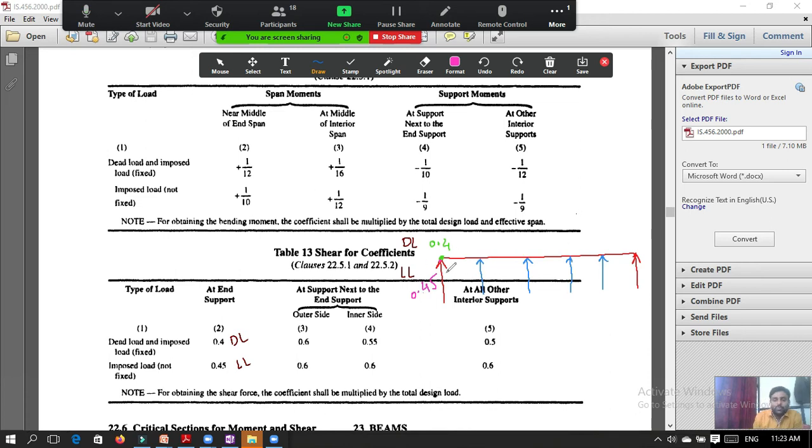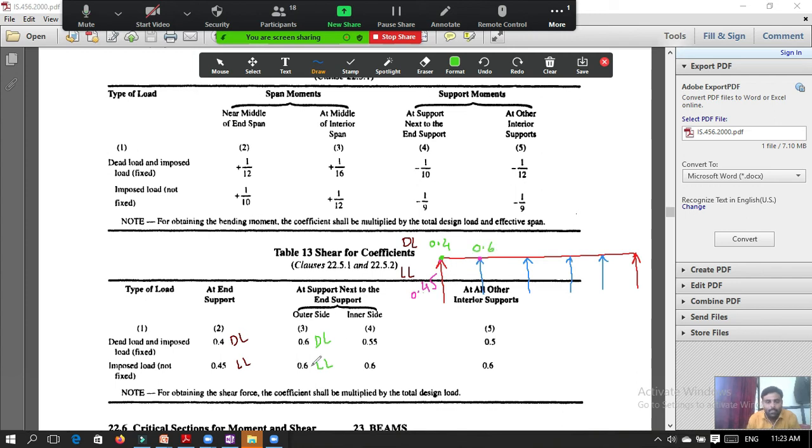Okay. So next is the support next to the end support, which means this point here. This is the point. Okay. So at the support next to the end support, this is your dead load coefficient and this is your live load coefficient. The dead load coefficient is 0.6 at this point.